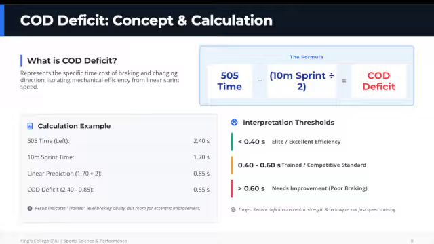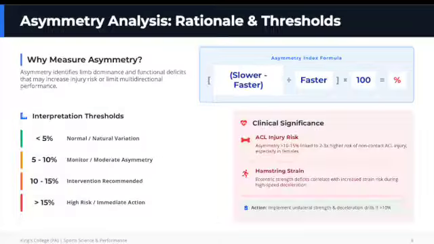More than 0.60 seconds needs improvement because it indicates poor braking. The target is to reduce the deficit by eccentric strength and technique, not just speed training.